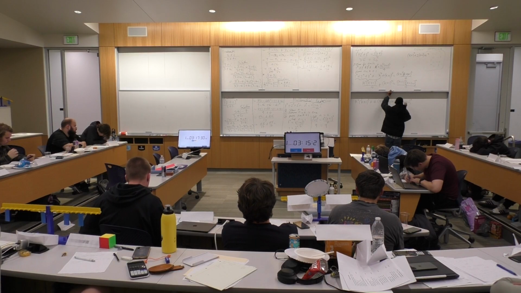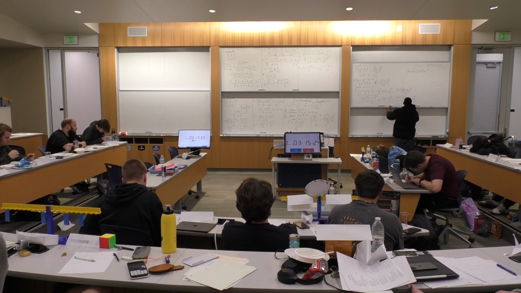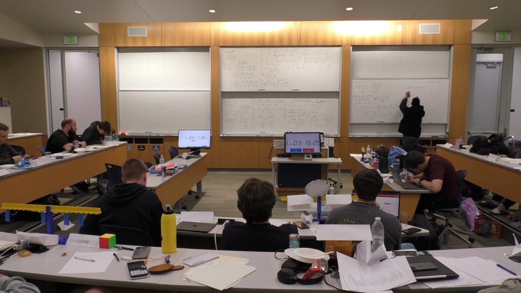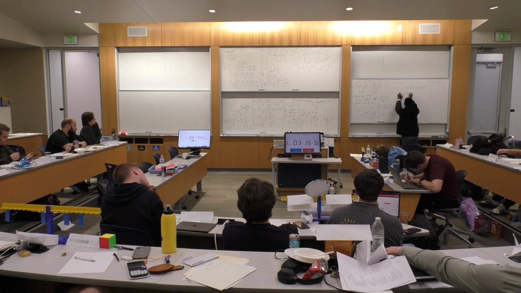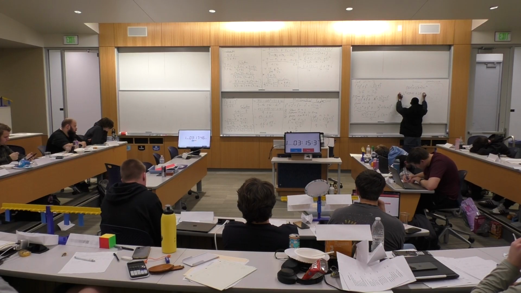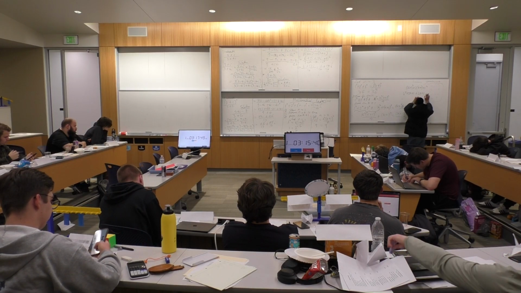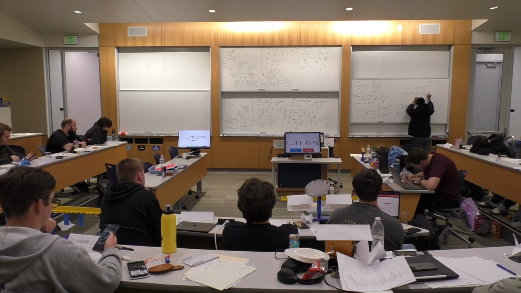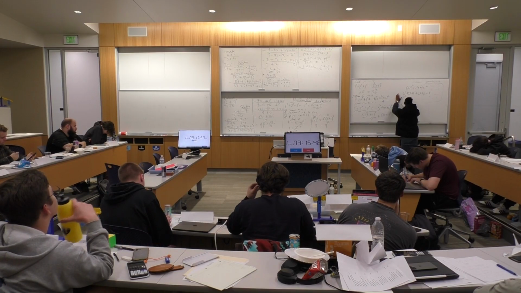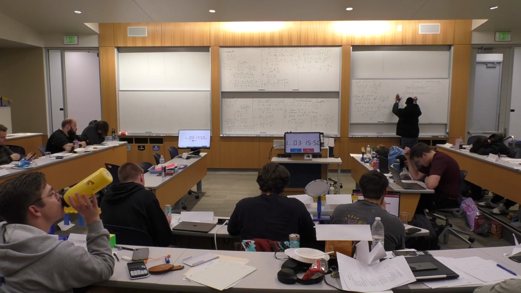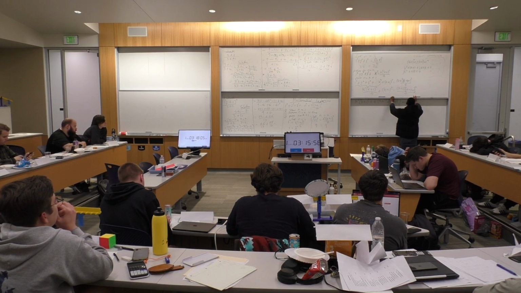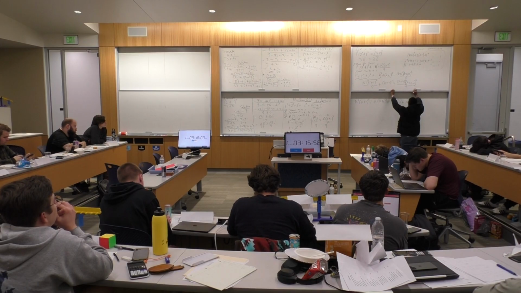So, let's treat this first. Hence, you have k squared plus 2k plus 1, plus 2k plus 1, plus 2, plus 1. Hence, you have k squared plus 4k plus 4. Is that okay? Yes.